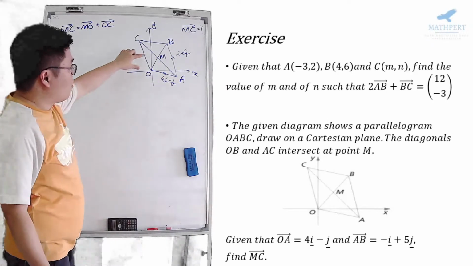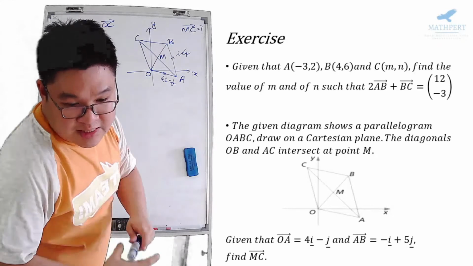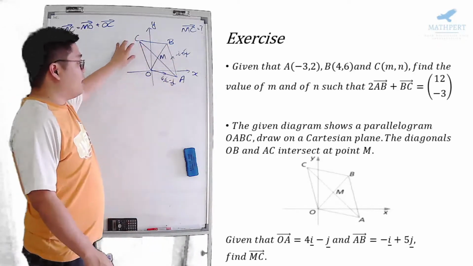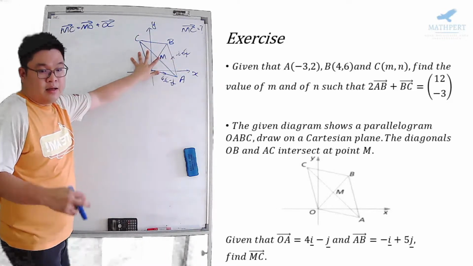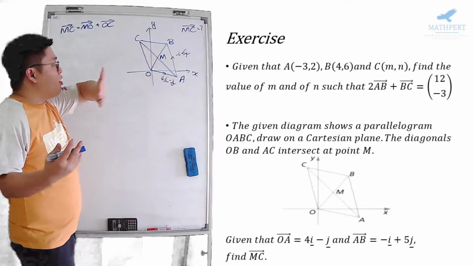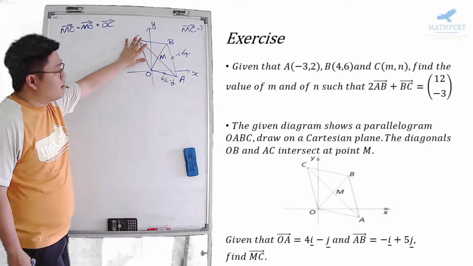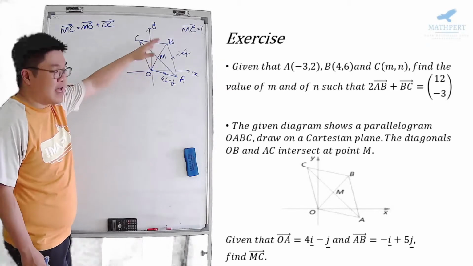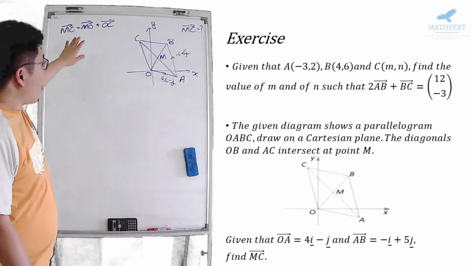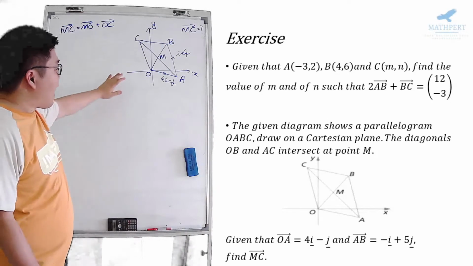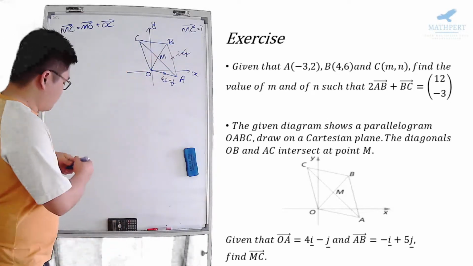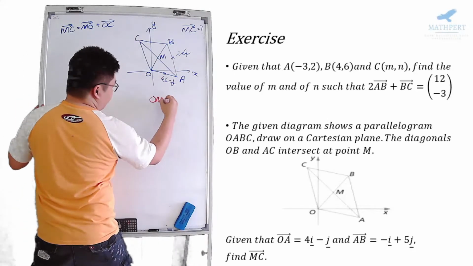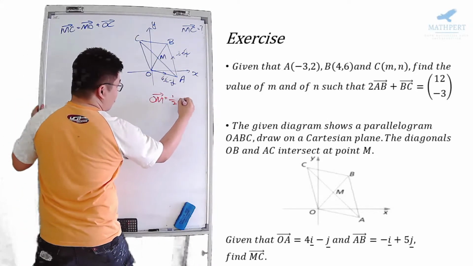Okay, what is MO? Given by the question, the diagonals OB and AC intersect at point M. The special property for a parallelogram is that the intersection point of the diagonals is the midpoint of both diagonals. So OM is half OB.